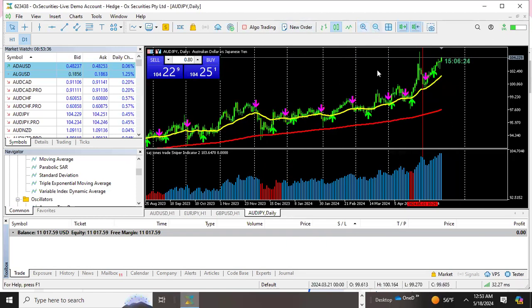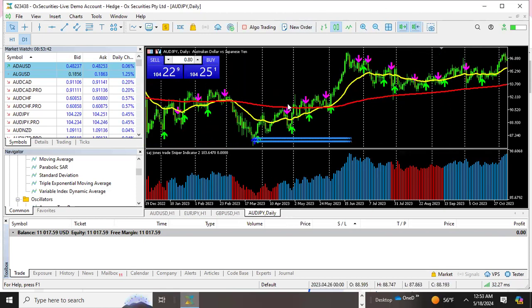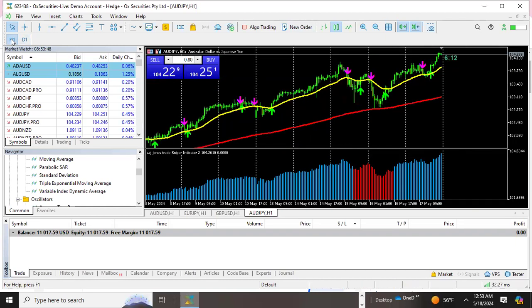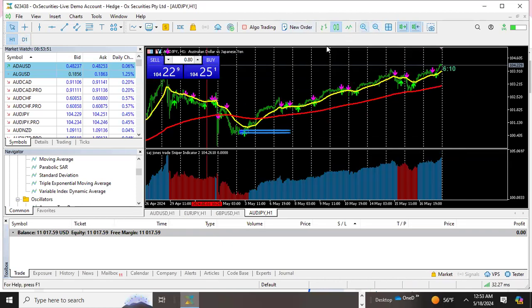So what I do is once I get my support on my hour or my daily, I know which direction I'm going. So the daily is pushing up. So what I do is drop down to my hourly, and as soon as I get an entry, a resistance, or I'm sorry, a resistance or support on the hourly, and then that trend point hits, boom, that's when I enter.